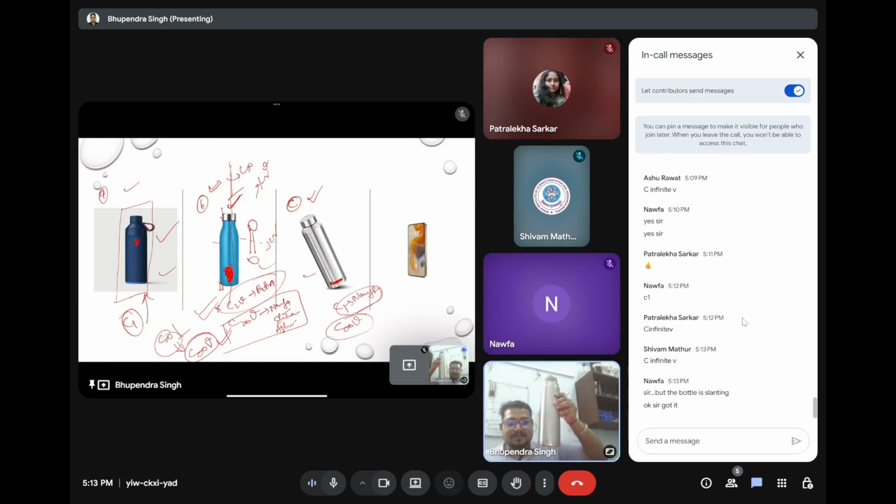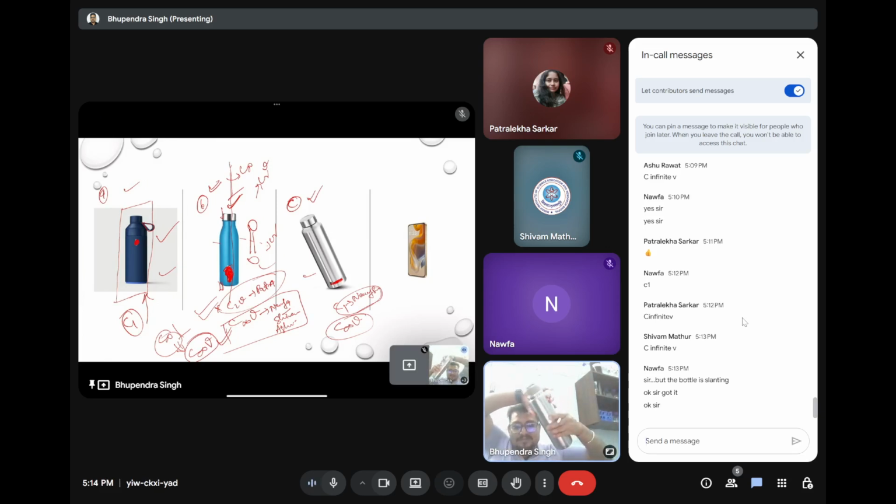The point group of this is C infinite V. If you slant it a little bit, the point group of this bottle is not going to change, because you can rotate this bottle by infinite times. You have a plane, but the plane is not perpendicular to the earth. In the slanting case, it will be at some degree at which this bottle is slanting. So the point group is C infinite V.